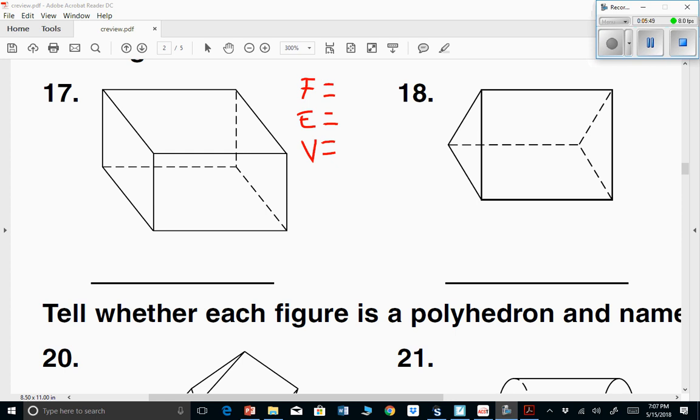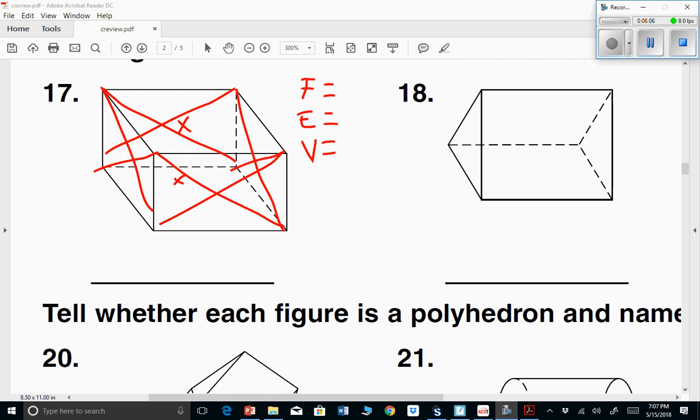So there is a bottom and a top, that makes two. There's a front face and a back face, that's two more. And then we've got two sides that are parallel planes, and that makes 6 faces, 6 flat surfaces.